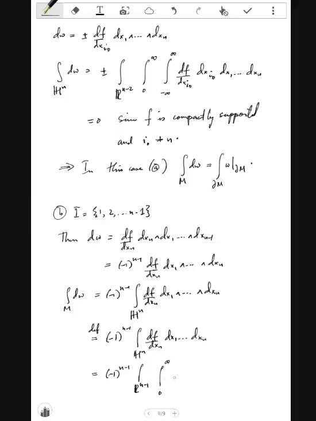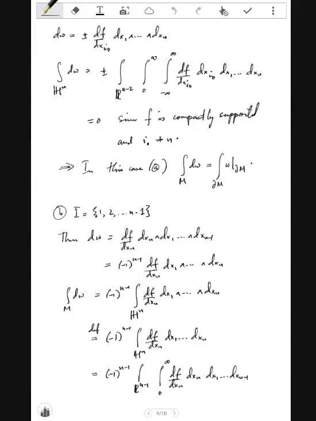We will first integrate out the xn variable, dxn, then dxn minus 1, which is equal to minus 1 to the n minus 1 integral over Rn minus 1 minus f of x1 to xn minus 1, 0 dx1 to dxn minus 1, which is equal to integral over Rn minus 1 of f of x1 to xn minus 1, 0 times minus 1 to the n dx1 to dxn minus 1.